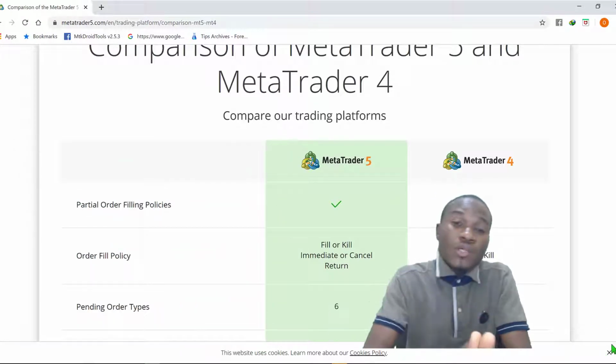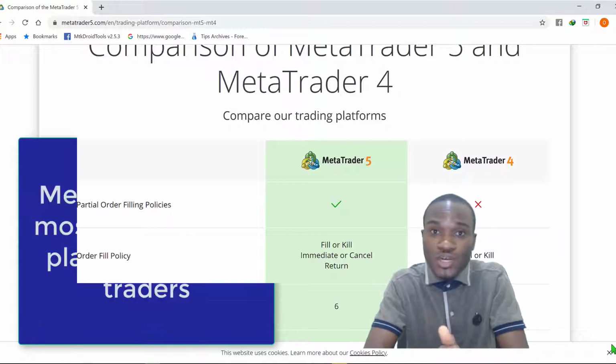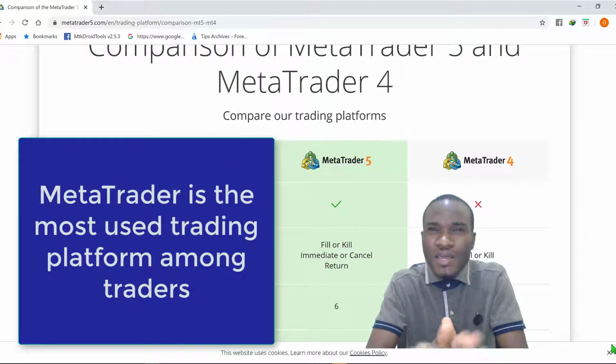Actually, the Metatrader 4 or the Metatrader 5 is an industry standard trading software which is used by most traders around the world. It is used by professional traders, and I haven't seen a brokerage company which does not offer trading on the Metatrader 4 or the Metatrader 5, because it's a widely used trading software.